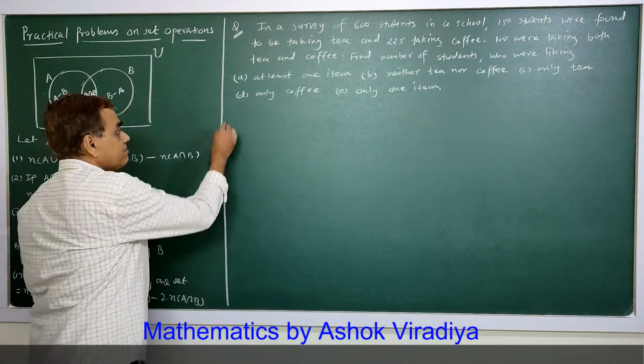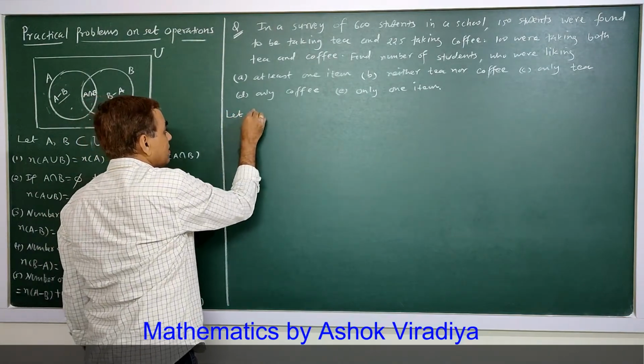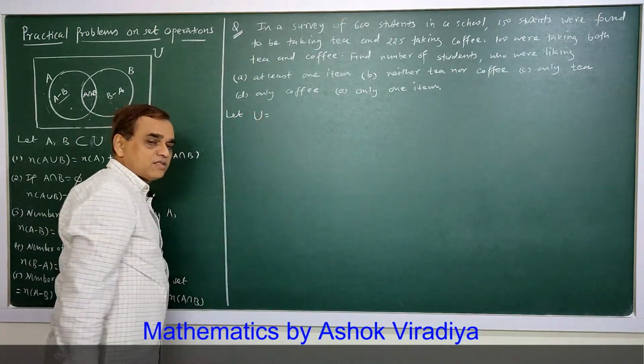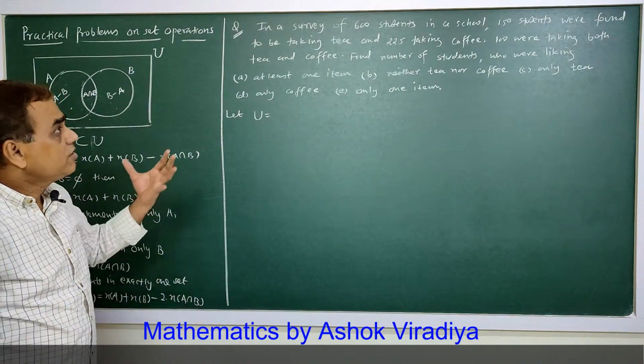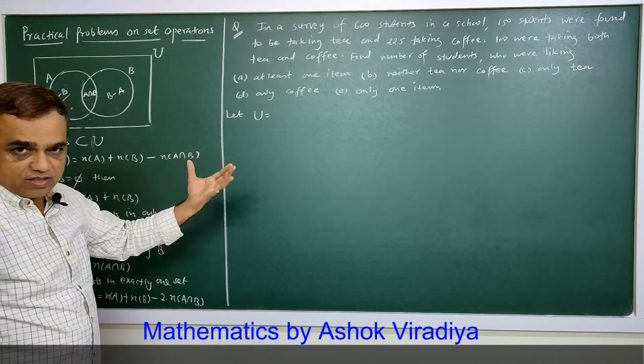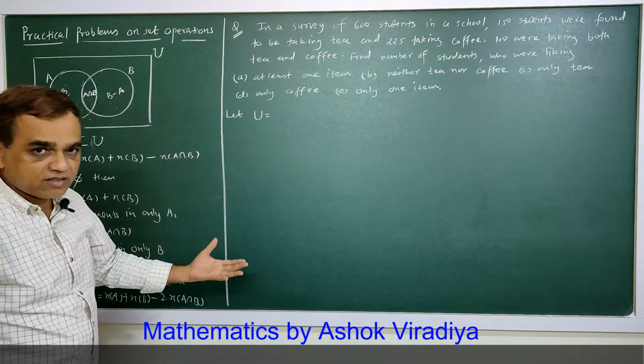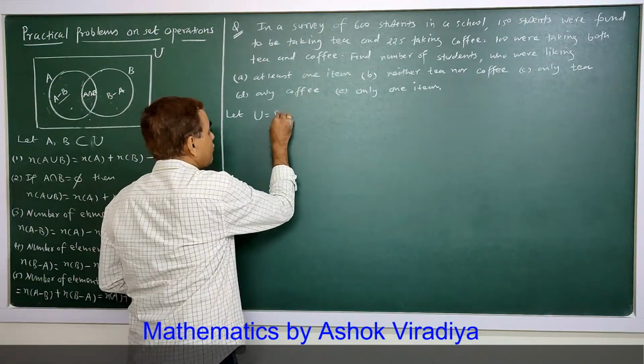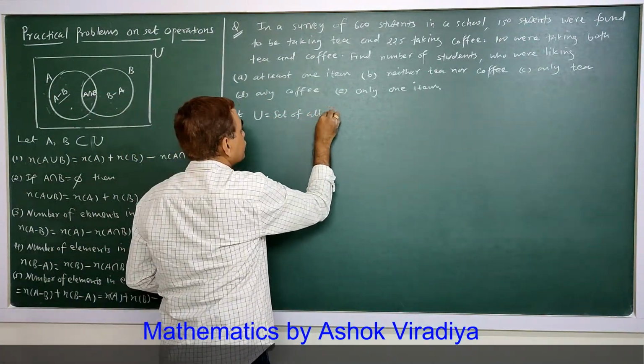So let me consider symbols. Let me take U be the set of students, all the students on which survey has been done. So U is the set of all students.